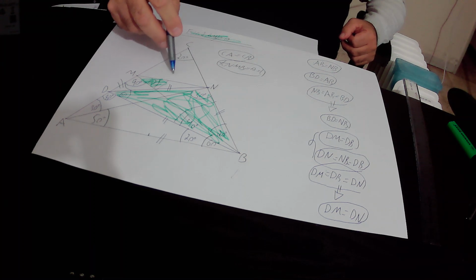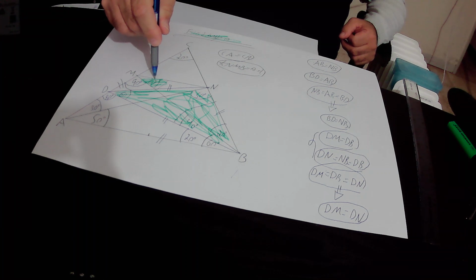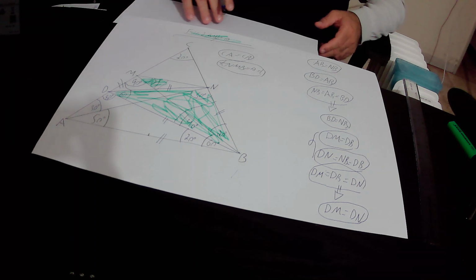Again, the big angle DMN minus the small angle BMD must be equal to the missing angle, angle theta. That is the angle we are looking for. So I write it down.